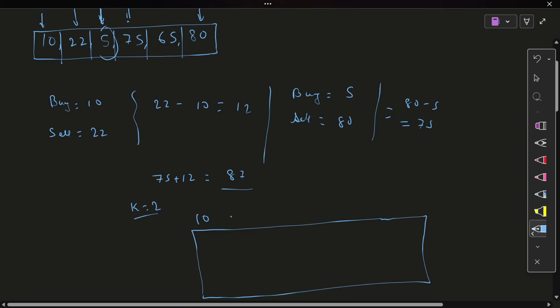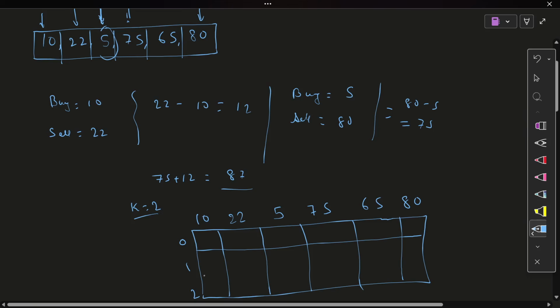Suppose prices 10, 22, 5, 75, 65, 80, and K equal to 0, 1, 2.